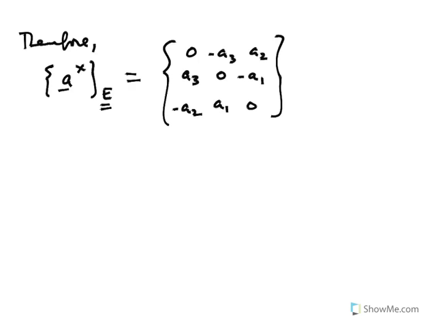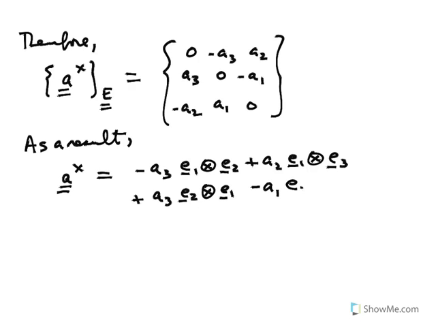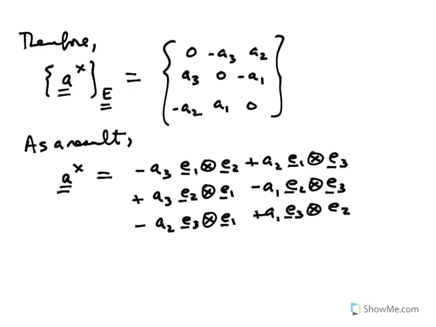And as a result of that, this tensor A cross, I'm going to put a double underbar here, if I write it out in terms of the basis tensors, is equal to minus A3 E1 circle cross E2 plus A2 E1 circle cross E3, and then plus A3 E2 circle cross E1, and minus A1 E2 circle cross E3, and then minus A2 E3 circle cross E1, and then plus A1 E3 circle cross E2.